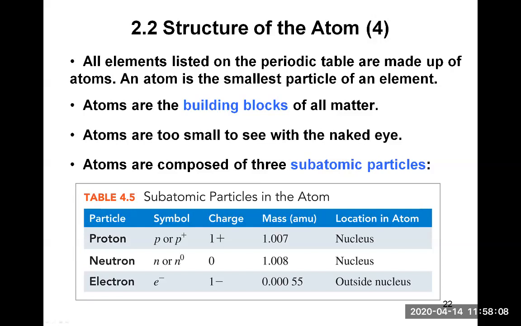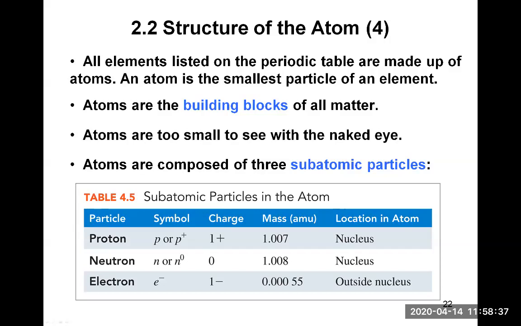It's 0.00055, which is considered to be negligible compared to the mass of a proton and a neutron. And so in atomic mass units, you can neglect the mass of an electron compared to protons and neutrons. Electrons are located outside the nucleus in what we call the electron cloud.